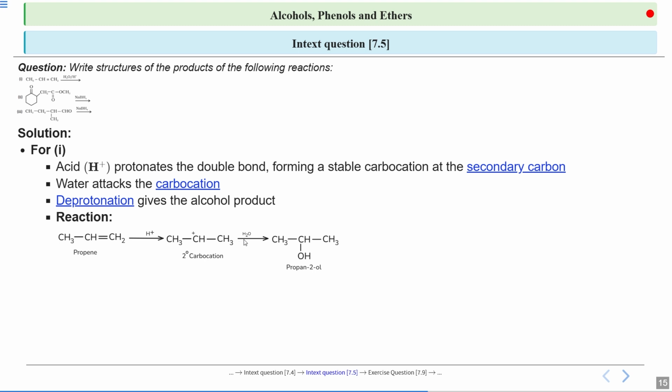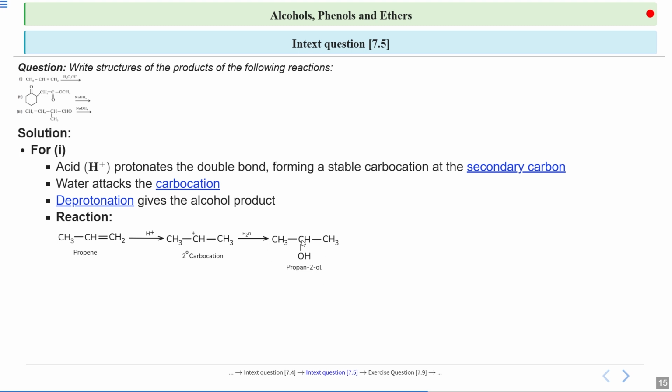When water attacks again, you get a neutral alcohol. So this is propan-2-ol. That is, if the water group gets attached over here, the oxygen gets a positive charge. So when water attacks, you get a neutral alcohol. That is, your deprotonation will give your alcohol product.